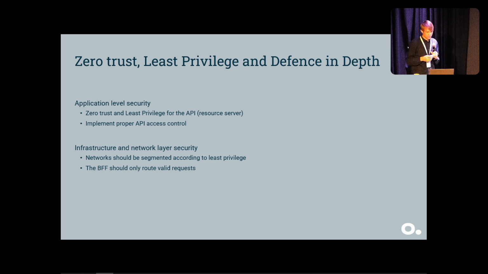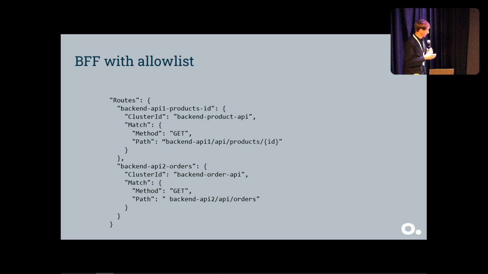If we start with the BFF routing, that's kind of easy to fix, but it's boring and maybe hard to maintain. But there really is no way around having a strict allow list to close this possibility for an attacker to hit endpoints you're not supposed to.